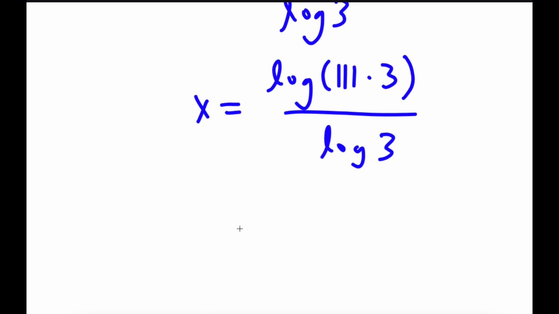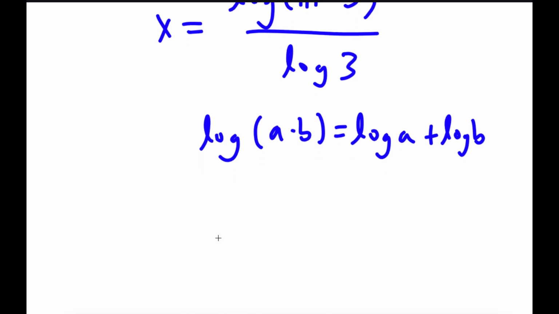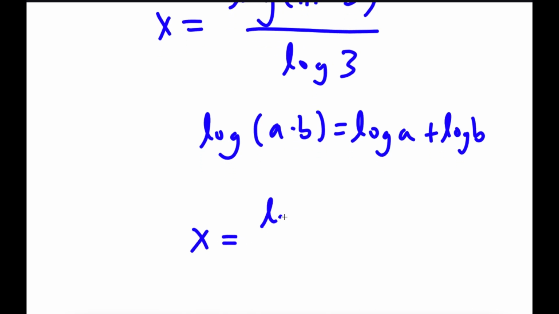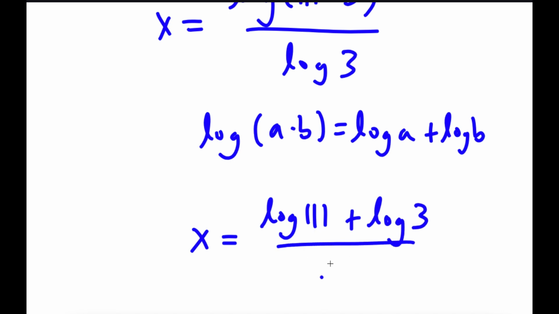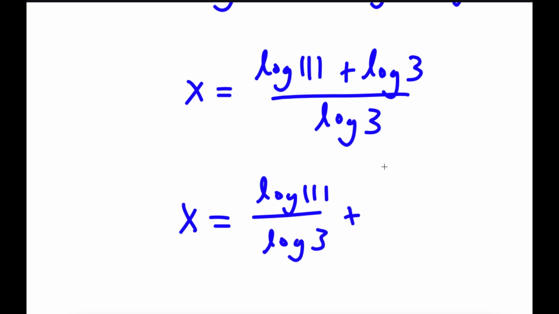And if I have something in the form log a times b, this is equal to log a plus log b. So log 111 times 3, that's going to equal log 111 plus log 3 over log 3, which is the same thing as log 111 over log 3 plus log 3 over log 3, which is 1.